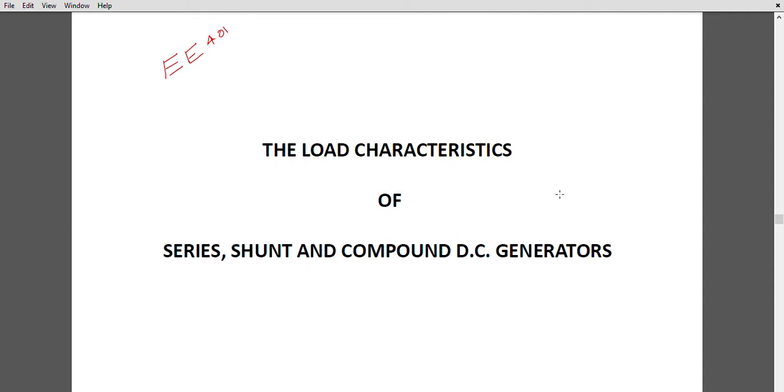Today we are going to discuss about the load characteristics of a series, shunt, and compound DC generators.